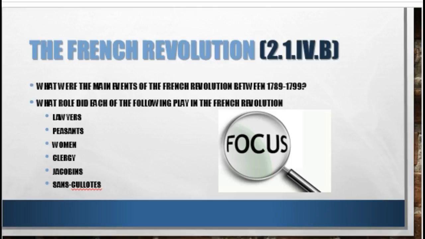Our focus is going to be what were the main events of the French Revolution, really between 1789 and 1799, and what role did each of the following play in the French Revolution: lawyers, peasants, women, clergy, Jacobins, and the sans-culottes.